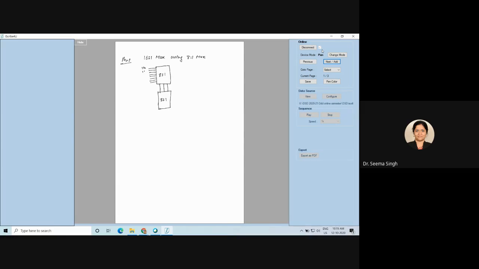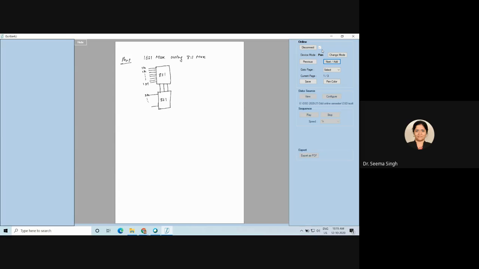So it becomes 1D0, 1D1, so on with 1D7, right? So you will get your 8 data inputs here and your next data inputs will come from here. So your 2D0 to 2D7.